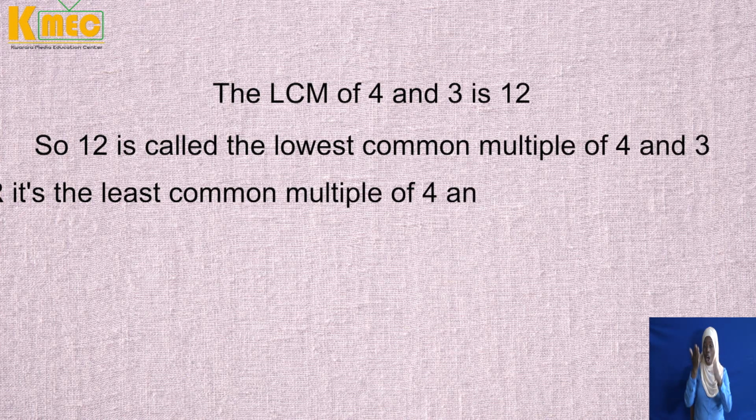So we say that the LCM of 4 and 3 is 12. 12 is called the lowest common multiple of 4 and 3, or the least common multiple of 4 and 3. Very good.